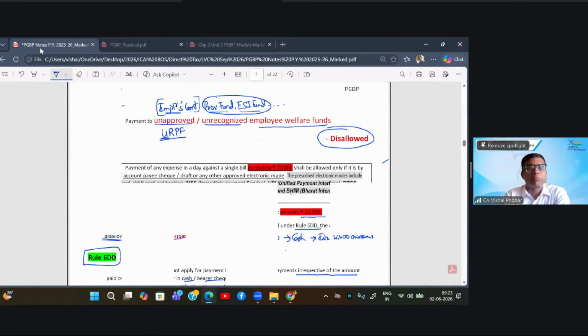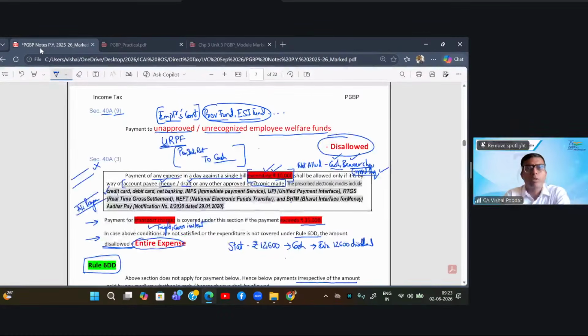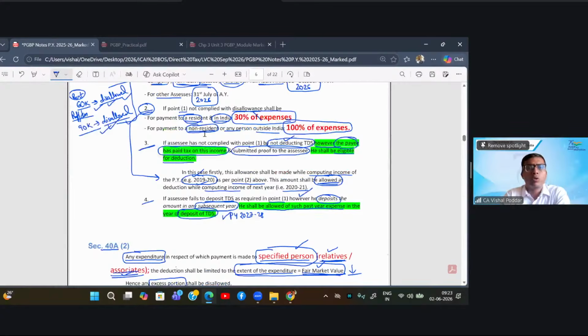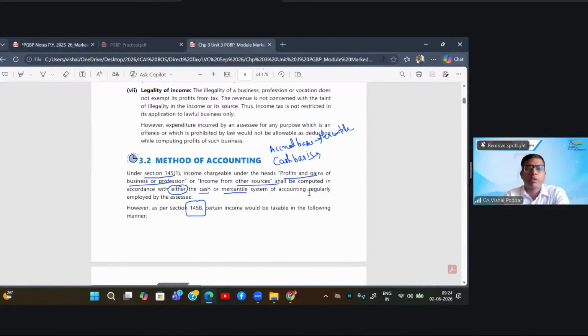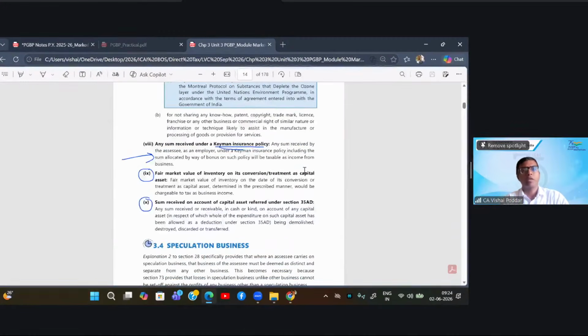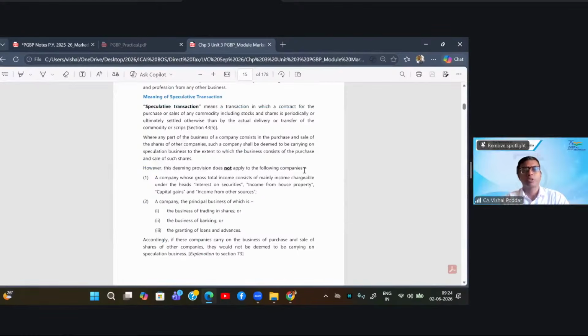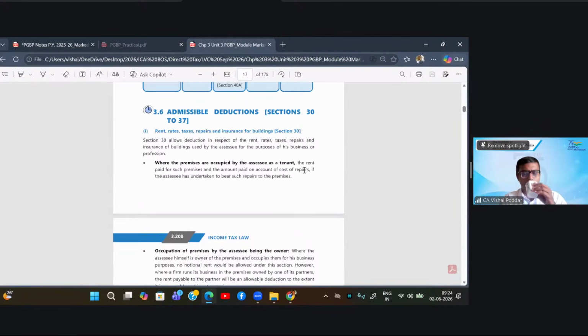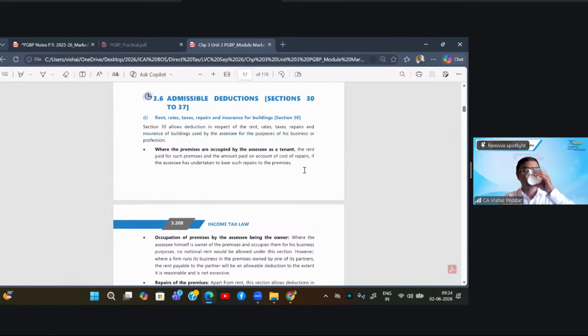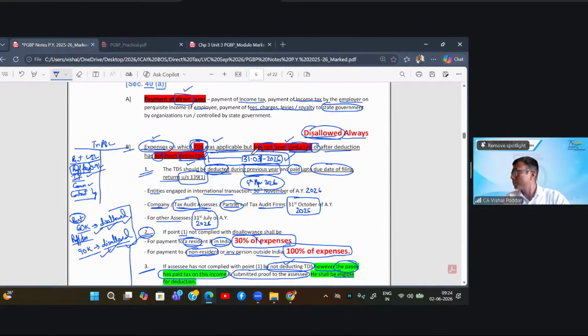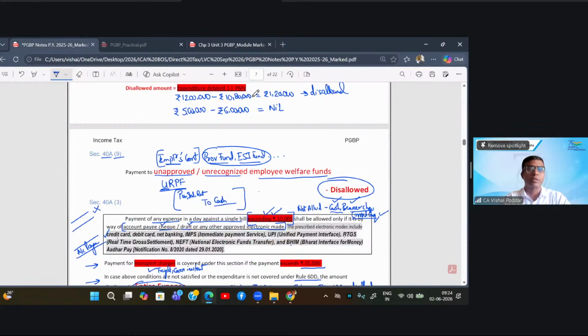But before that, I would request you all to try to take up comprehensive sums. Now see, there will be two types of sums in this. One is specific section-wise questions, in specific deduction sections, so it will be 35AD, it will be depreciation, one of these.